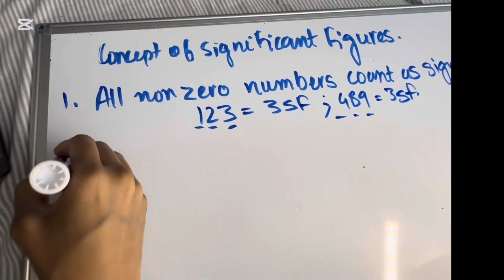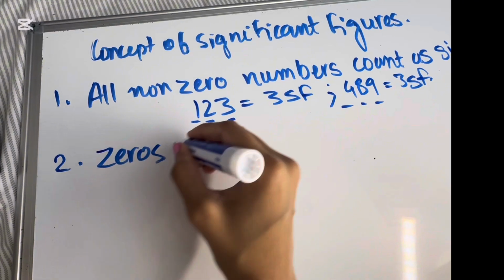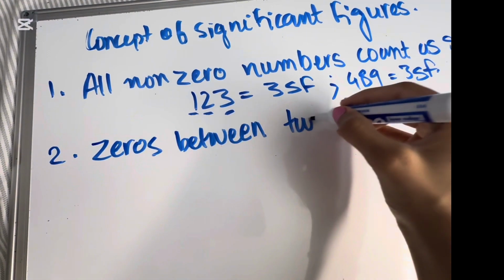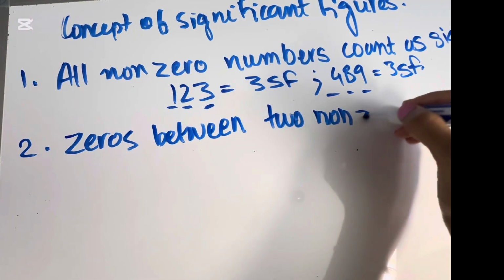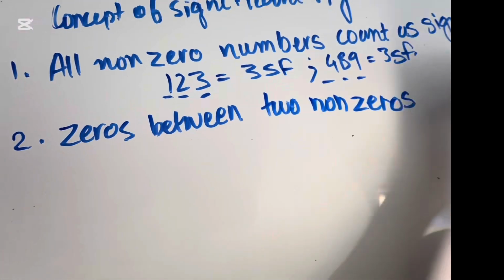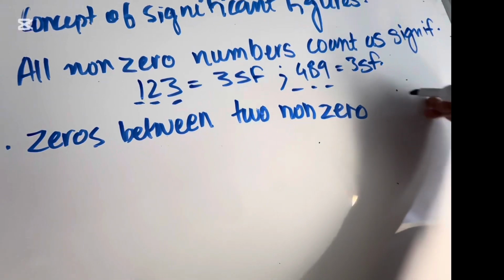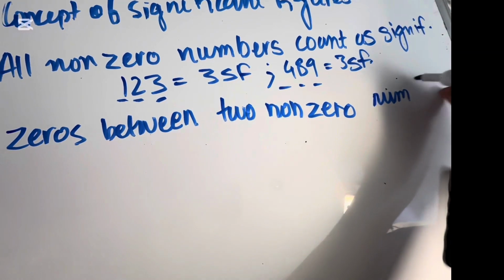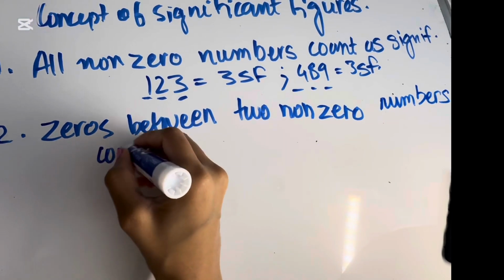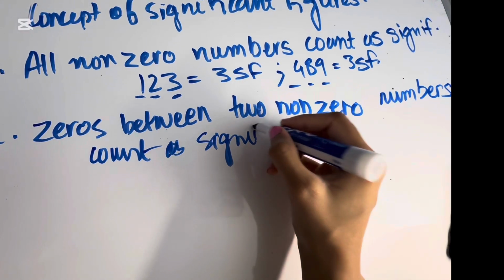The second rule says zeros between two non-zero numbers count as significant.